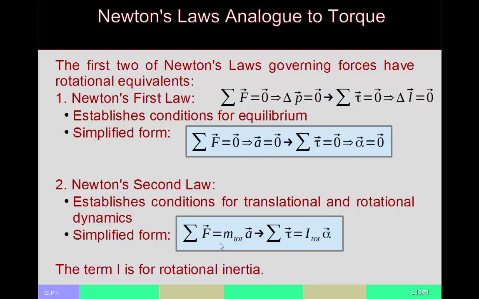If we're talking about rotational motion, however, this becomes the sum of torques is equal to the total moment of inertia of the object, sometimes called rotational inertia, though it's more often called moment of inertia, times the angular acceleration. Recall that the mass of an object is sometimes called a measurement of the object's inertia. So this is a measurement of the object's rotational inertia.